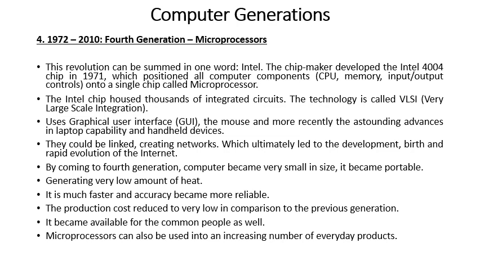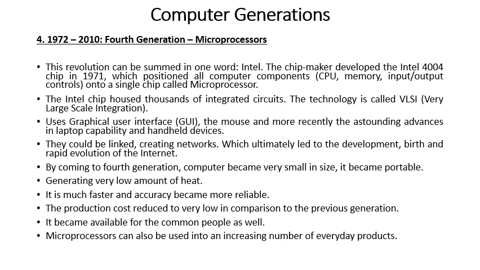So the fourth generation of computers is mainly characterized by the evolution of the microprocessor. A microprocessor is a chip comprising all the components inside: the CPU, memory devices, that is RAM, ROM, and also input output controls.